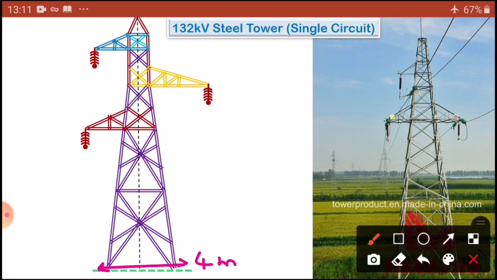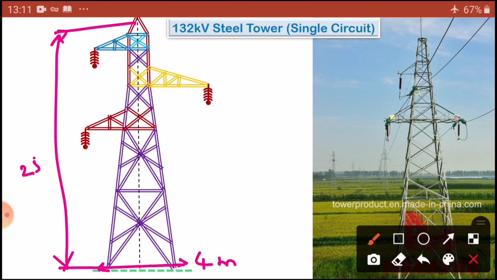Then total height of my tower, so that is a line, I can write it, nearly 25.53 meters total length. Okay, now structure from this length to this length, so what is the distance? So I am going to write it nearly 17 meters. That means 17 meters is the ground clearance required for 132 kV line.